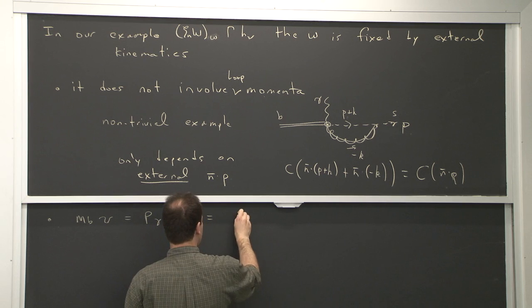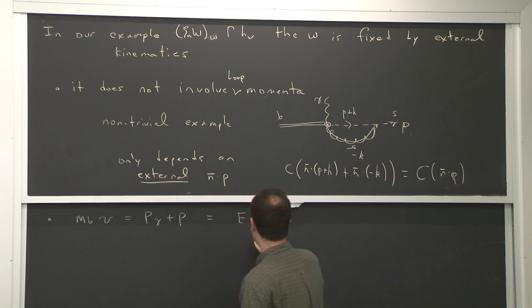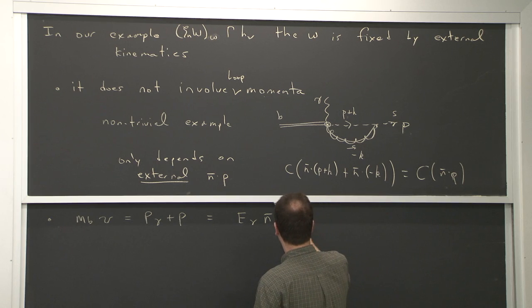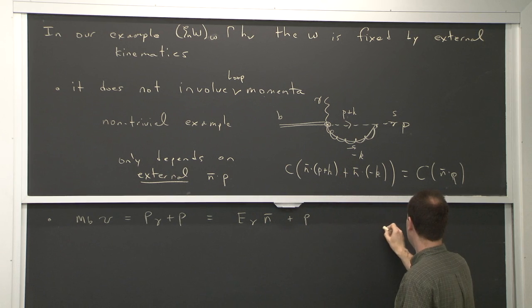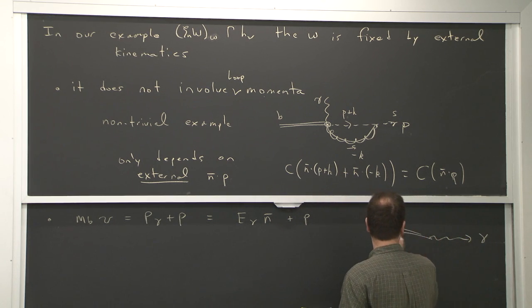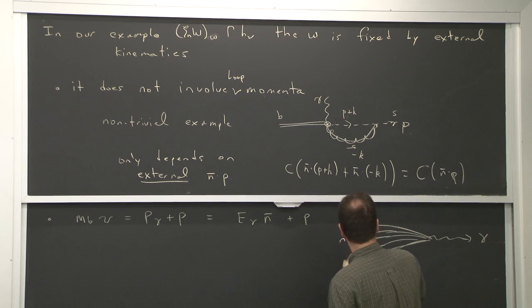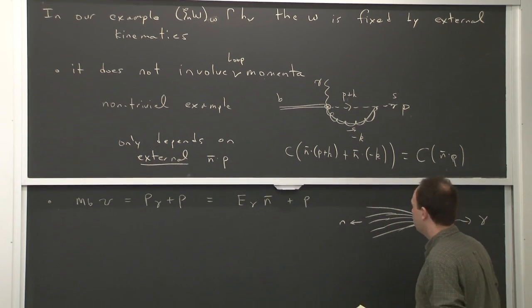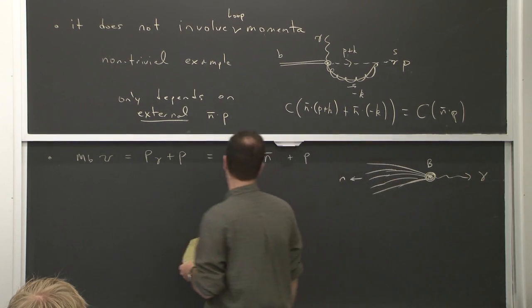And in the setup here, we could just think of it as E gamma times n bar, because P is collinear to the n direction, and we have the photon going this way, and it's back-to-back with a jet that's described by the collinear n direction. So this is the B meson decaying to a photon in a back-to-back jet.